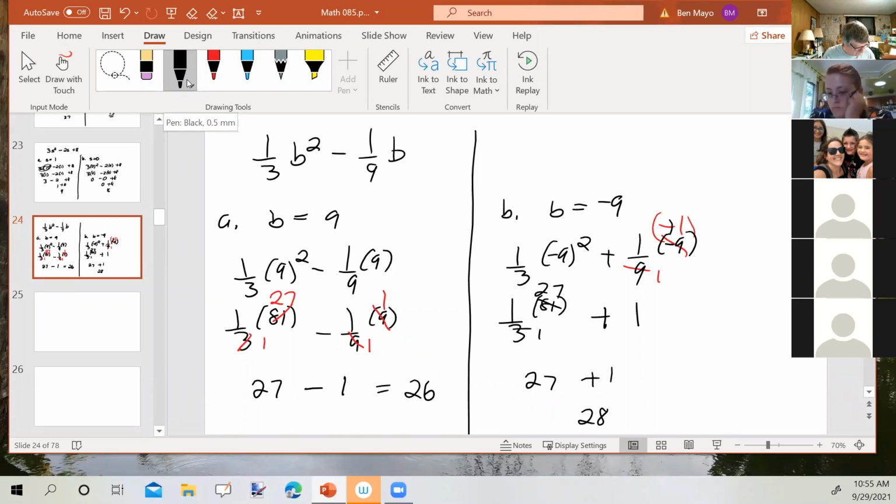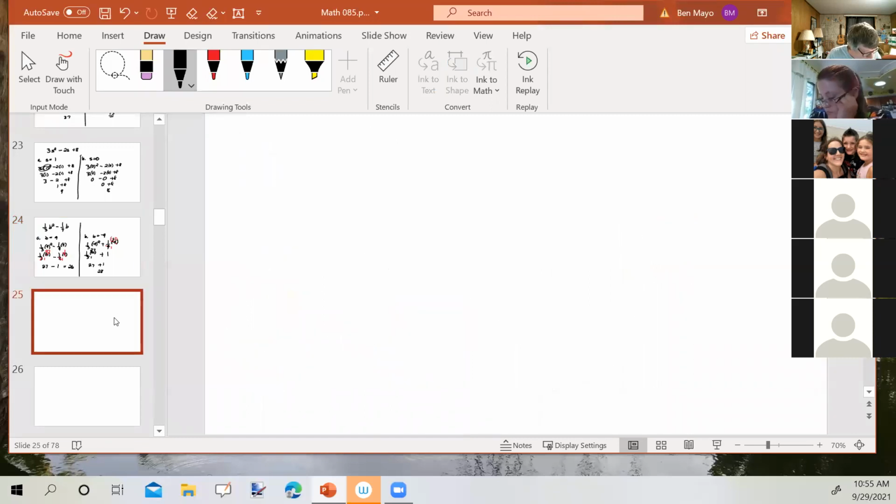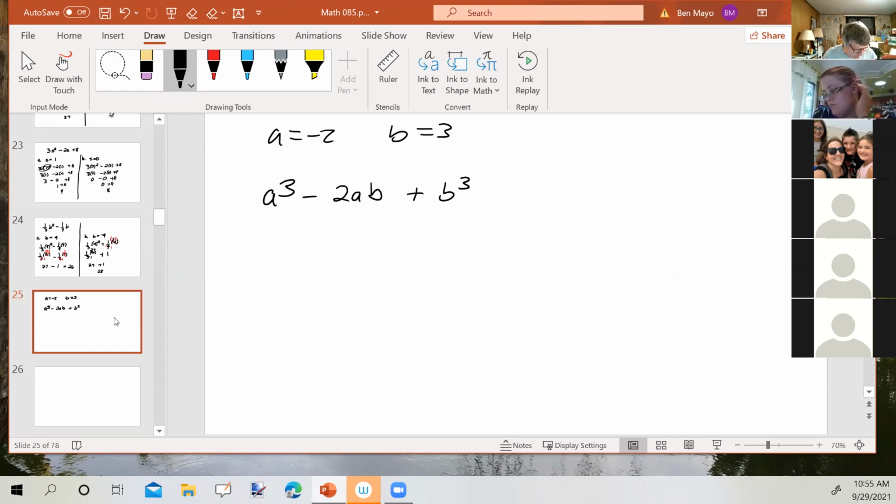Okay. Let's take a look at another problem. Let's see here. This says, evaluate each polynomial for A is -2 and B is 3. Let's say I have the following: A cubed minus 2AB plus B cubed.